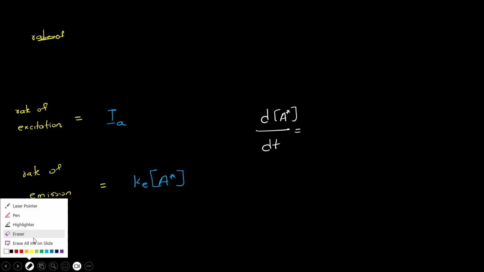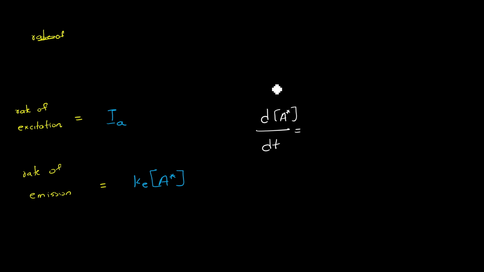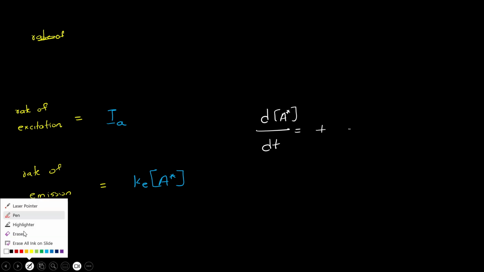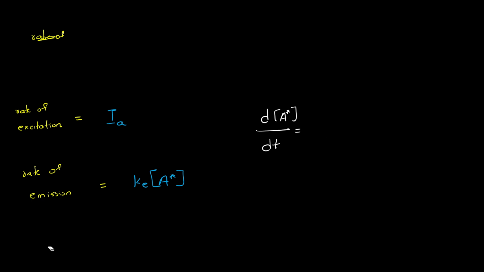You can either derive an expression for the dissociation of excited A, it's completely fine. The only difference is that the positive and negative signs are completely opposite. That's all that changes. So let's go with the formation of excited A.